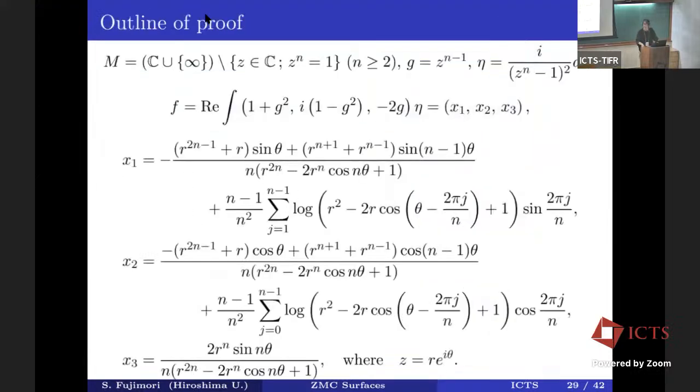But the outline of the proof: because it is a Gergonne surface, we can integrate explicitly. Then for any n, we can explicitly write down the first, second and third components of x in such a way, with z equal to r times e to the i theta.